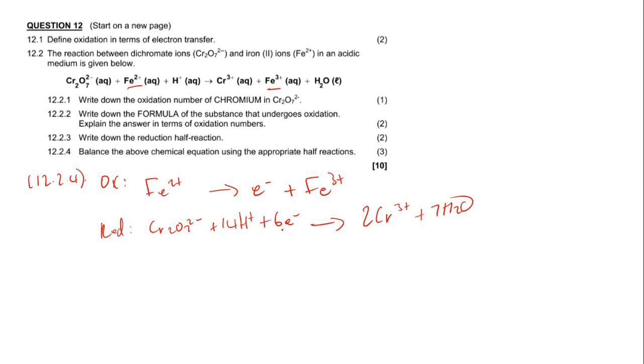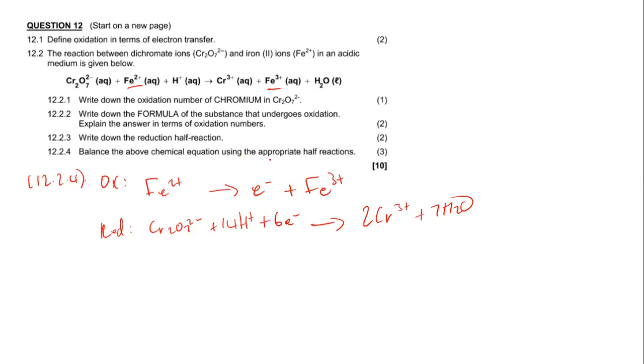You see why I'm writing my electrons on the reactant side, because it is a reduction. It is gaining the electrons. The electrons are on the product side because it's oxidation. It is losing the electrons. Be careful here, please. So now they want us to balance this equation.